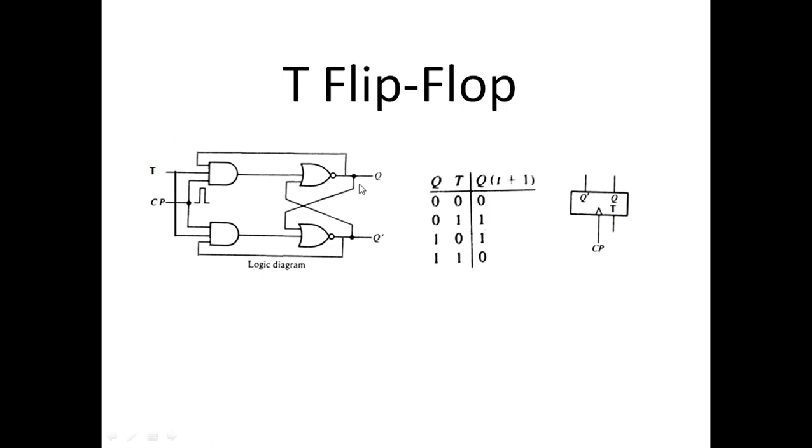Now when the current state is 1 and we give 0 at the T input, we get 0, 0 here, and by 0, 0 we mean it will maintain the current state. So the current state is 1, it will remain 1.